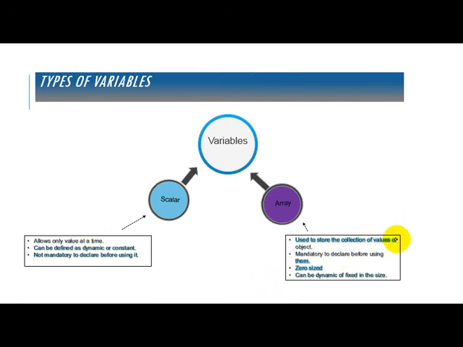So whatever it is, it should be "or". So collection of values or collection of objects. That's what array means. Then mandatory to declare before using. So when you are using arrays, you must define it before you use it. For scalar, it is not mandatory. For array, it is mandatory.